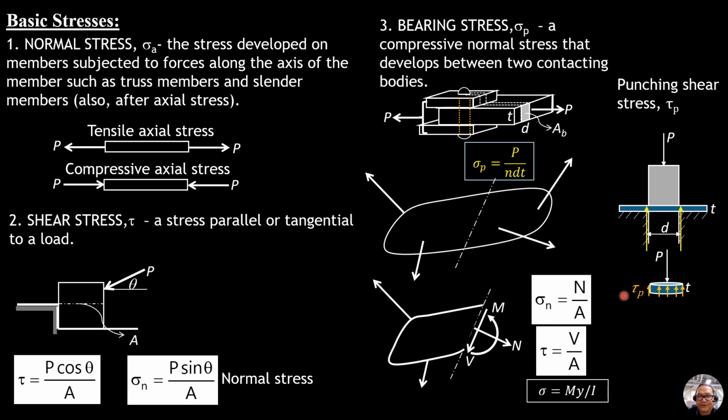So punching shear stress is equal to P divided by circumference pi d times thickness t. So tau P equals P over pi d t. So remember, we have the bearing stress P over N times the projected area, diameter times thickness, per one bolt or per one rivet.